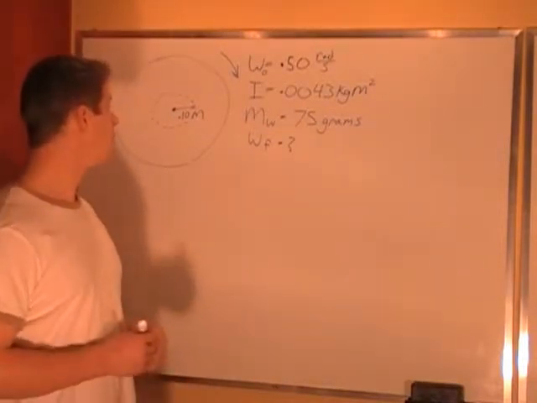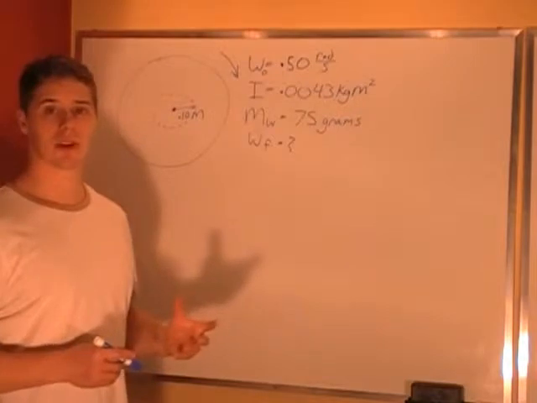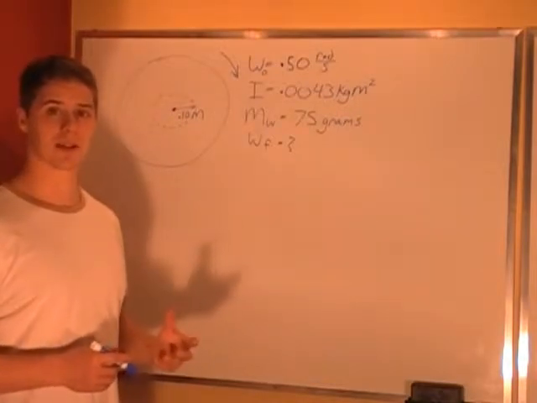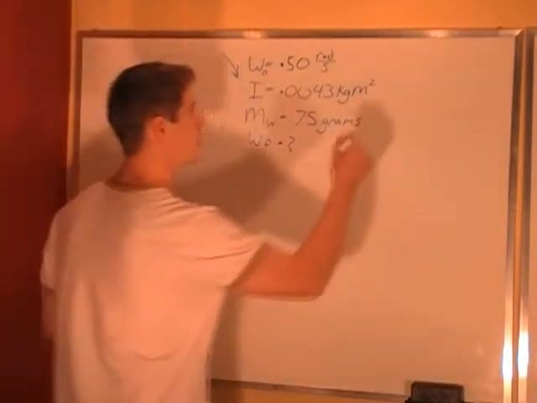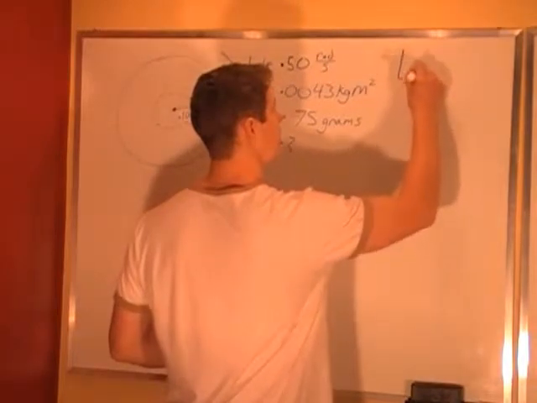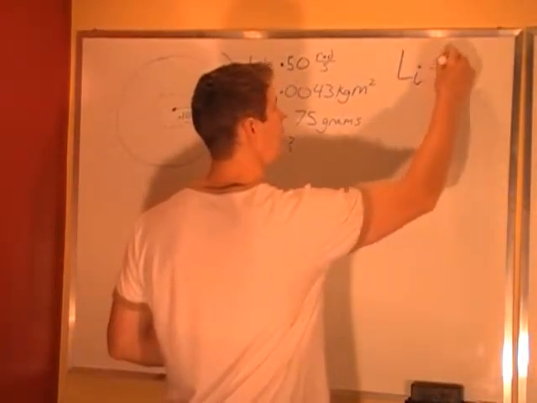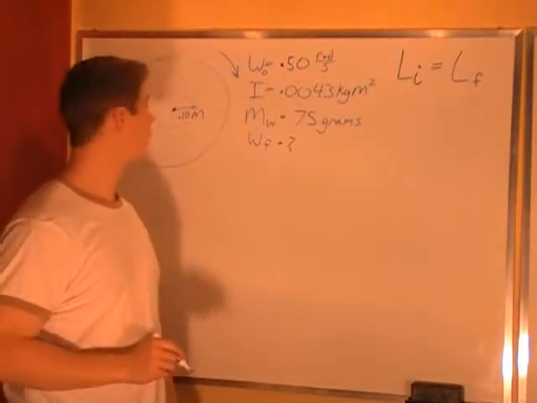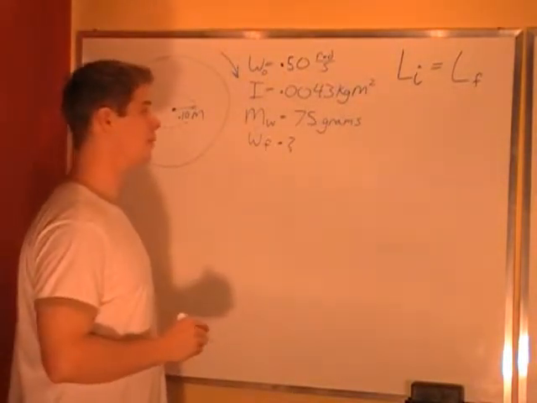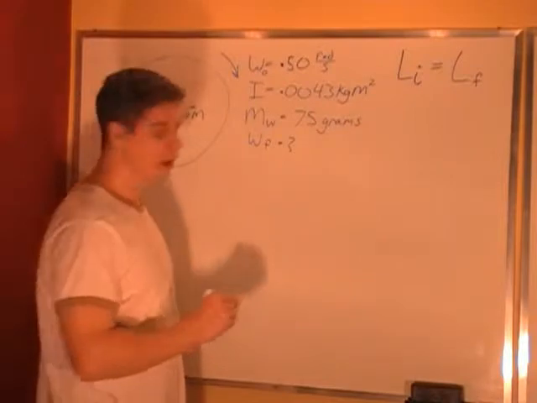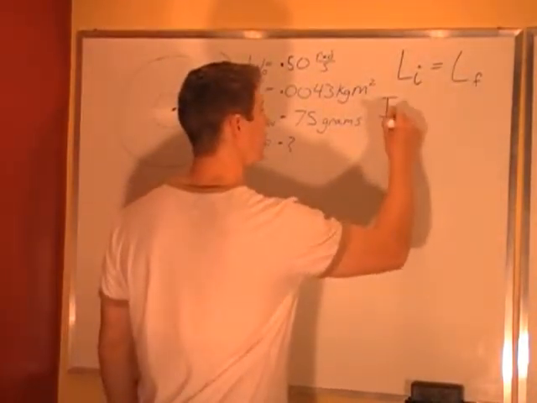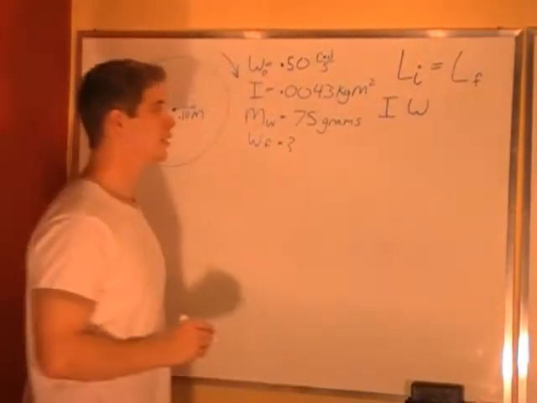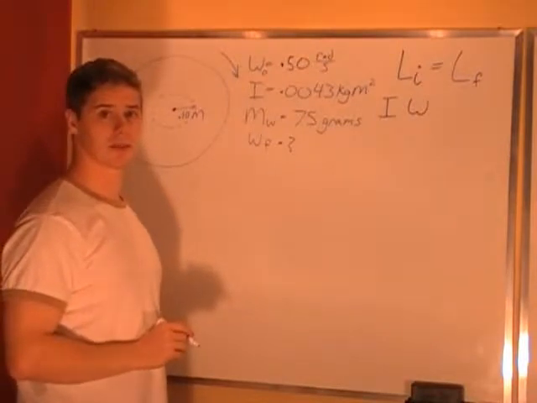So what we can do is use the conservation of angular momentum. So we can say initial angular momentum equals final angular momentum. Now our initial angular momentum is defined by moment of inertia times angular velocity.